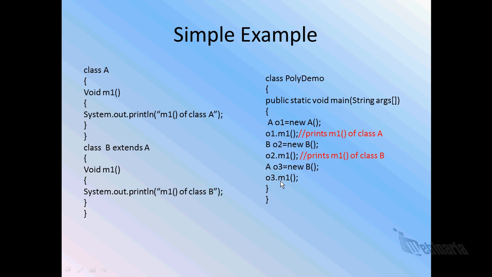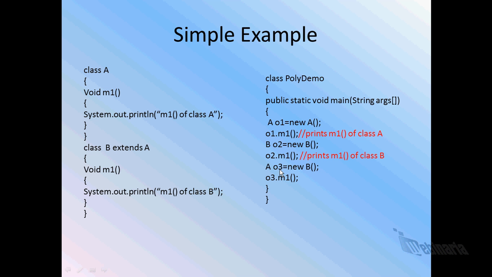Hence, the compiler is going to see the m1 method called by o3 as m1 method of class A. But when you are executing the program, the JVM is going to see the m1 method of class B, because the object assigned to the reference is a B object.